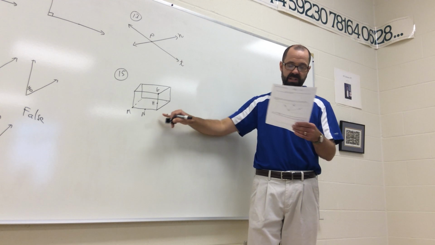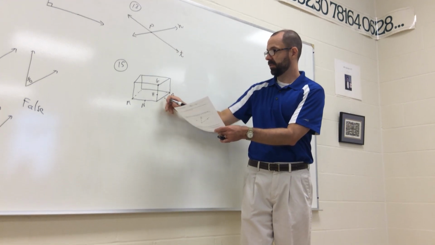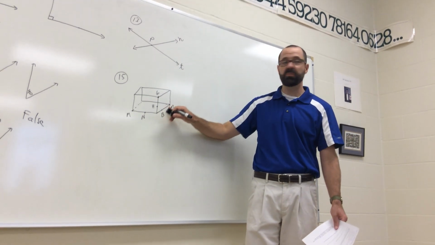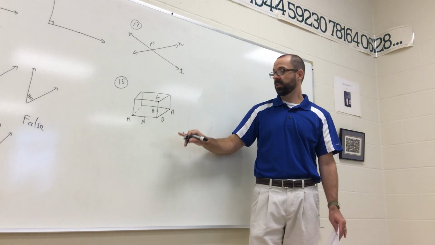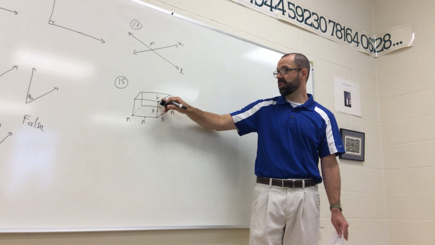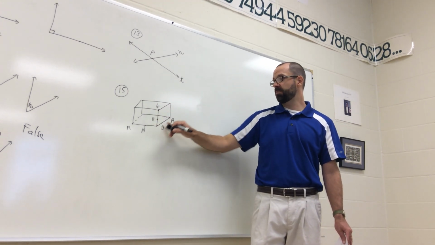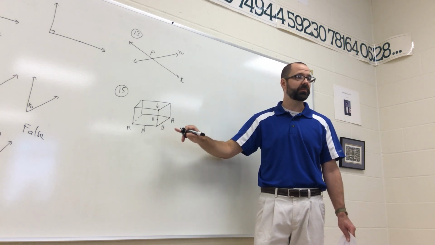And then it's talking about line AB. So I'll put an A here and a B there. So there's line AB. Okay, so MN is the front bottom of the box. GH is the front right side of the box. And AB is going back. It's the bottom right side of the box.